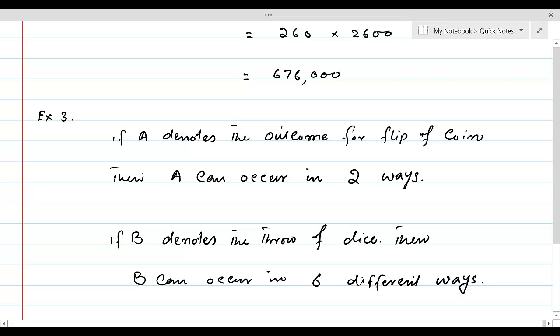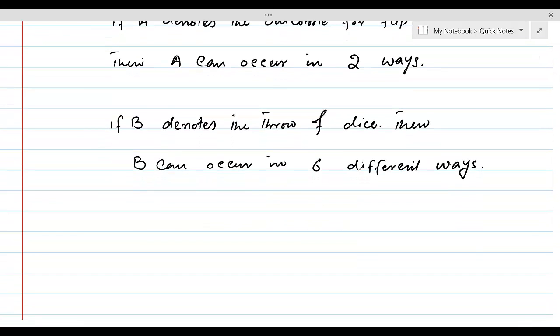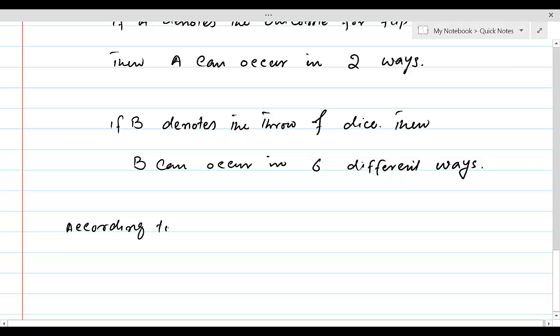According to the fundamental principle of counting, how many ways can these 2 events occur?